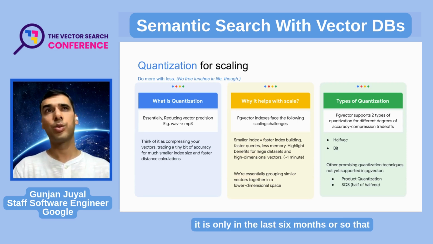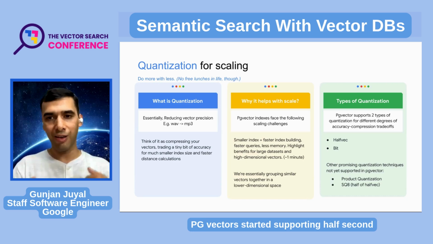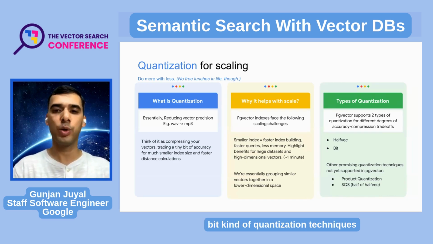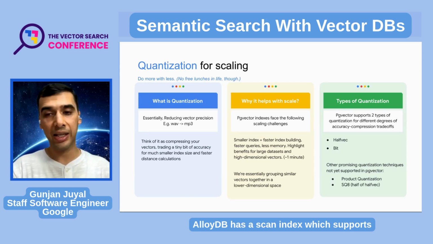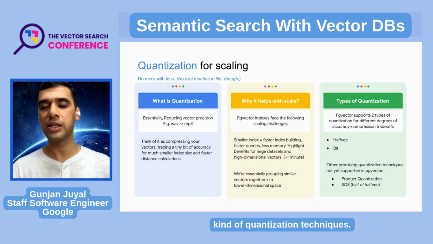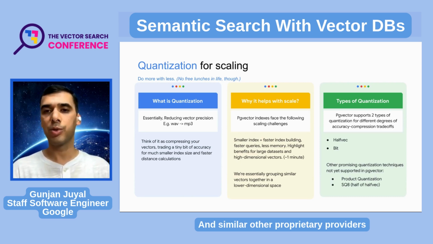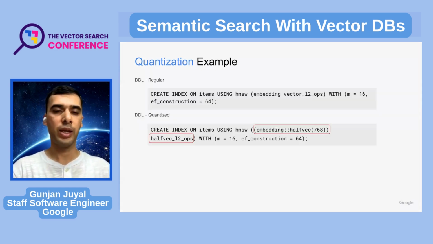For example, it is only in the last 6 months or so that pgvector started supporting halfvec and bit kind of quantization techniques, and other indexes. For example, AlloyDB has a ScaNN index which supports SQ8 and much more advanced kinds of quantization techniques. And similar other proprietary providers would be providing such advanced quantization techniques.